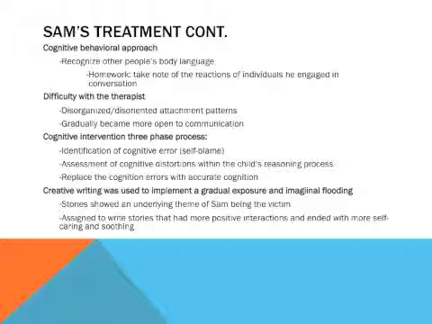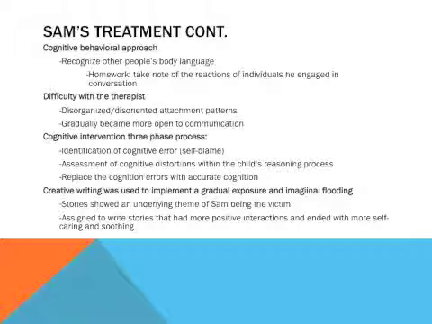But after doing some work with the therapist, Sam gradually became more open to communication. And once that communication started to go, the therapist then decided to do a cognitive intervention in 3 phases. So the first phase was identification of the cognitive error, so basically focusing on Sam's self-blame of the abuse.